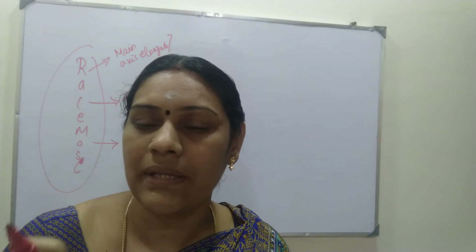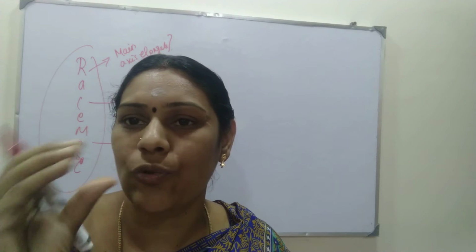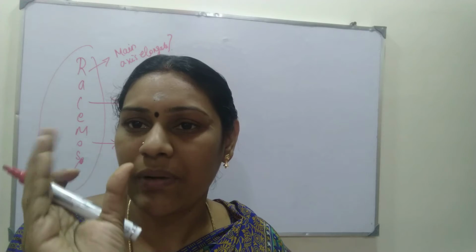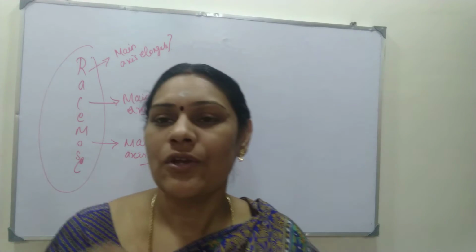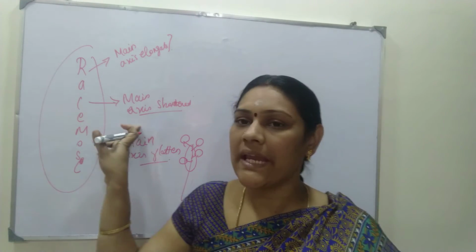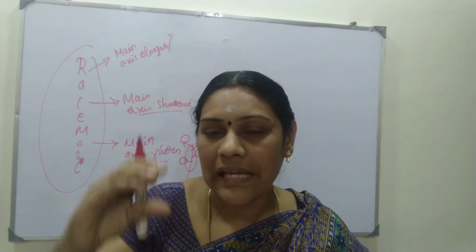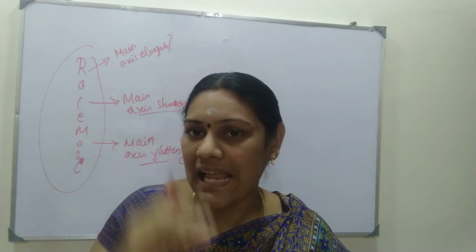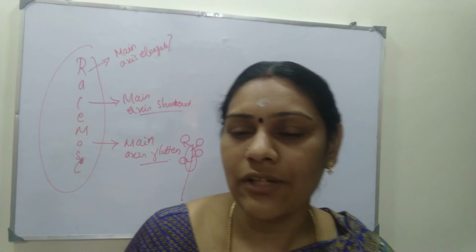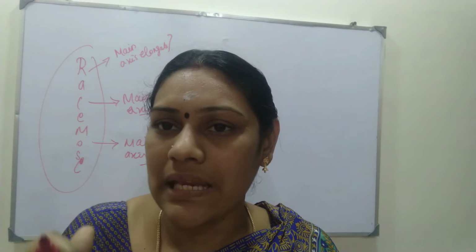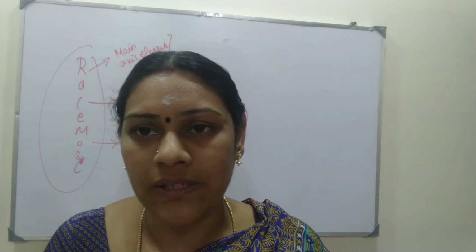Some plants have the main axis very shortened, its growth is reduced, and breadth-wise it is more increased. So that is called the main axis shortened. The growth in the central axis of the plant or the inflorescence is mainly reduced. This is the main axis shortened type.